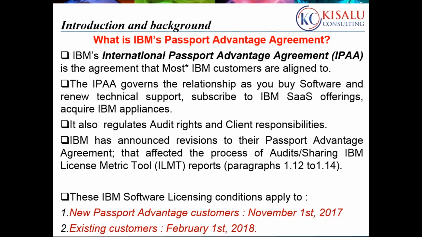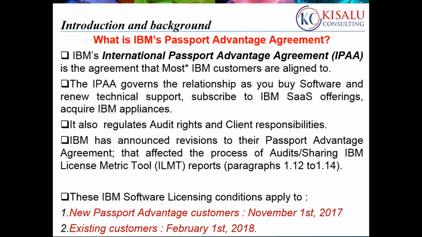It also regulates the IBM audit, IBM software review, and the client responsibilities. And there is a review that IBM did on the Passport Advantage Agreement, which has an implication on the audit, the sharing of reports, especially the ILMT reports.